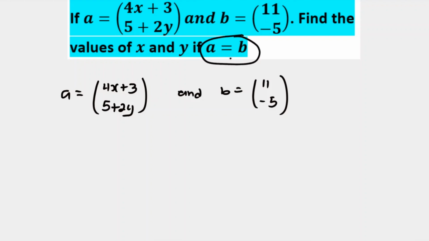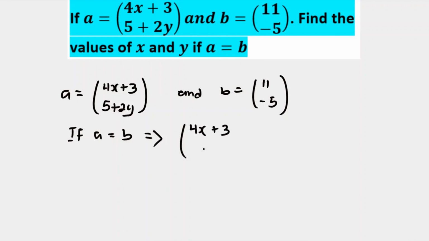This part is very, very important. That's the condition that we're going to use. The condition is that A is equal to B. That means the vectors A and B are equal. So if the vector A is equal to B, then this will imply that 4x plus 3, 5 plus 2y, that's the vector A, is equal to the vector B, which also has components 11, -5.